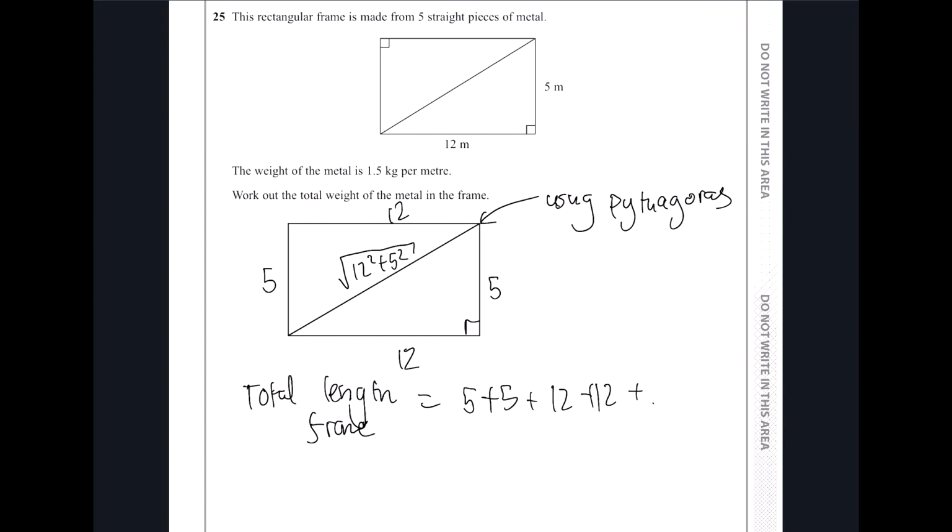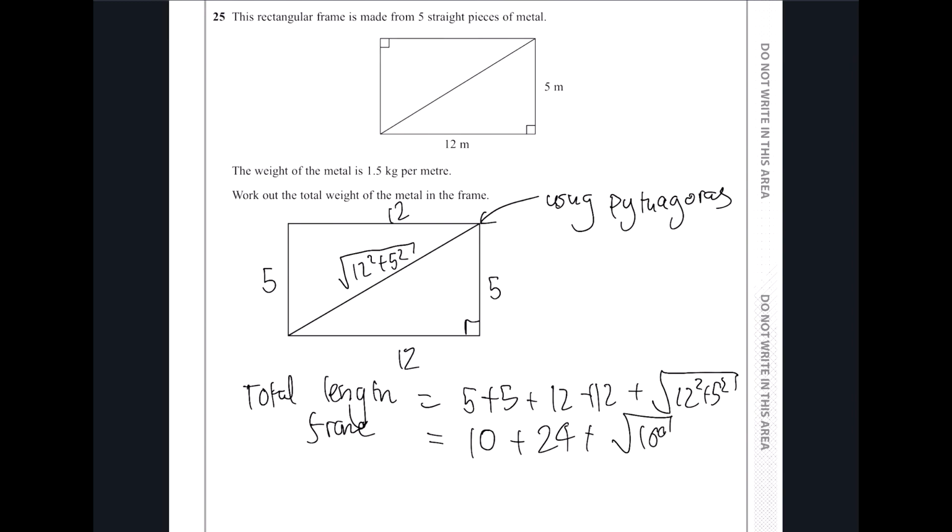So let's figure out what this square root thing is. So we have 10 plus 24 plus, now 12 squared is 144, 5 squared is 25, so when we add them together we get the square root of 169.